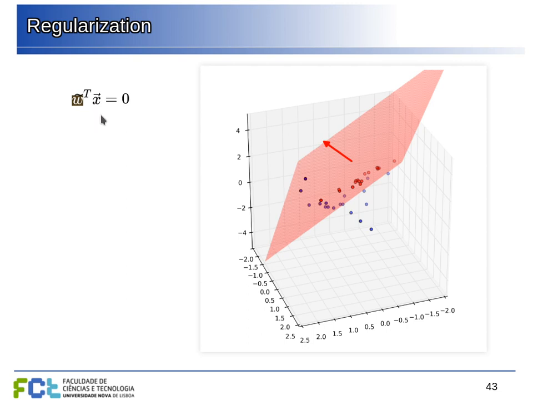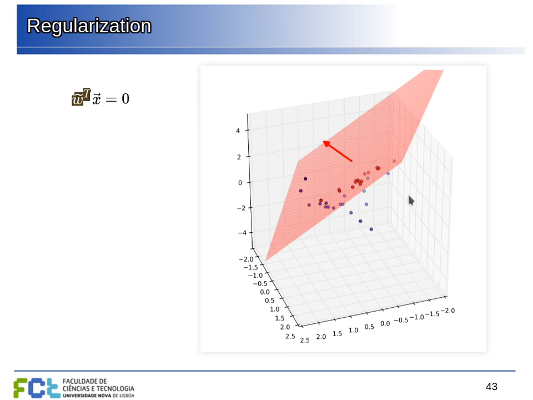I'm just putting everything here to simplify. So when we change just the magnitude of the parameters, this would not make a difference on the discriminant. It just would change the size of the vector here. So we could increase the vector or decrease the vector, and the discriminant would be the same.